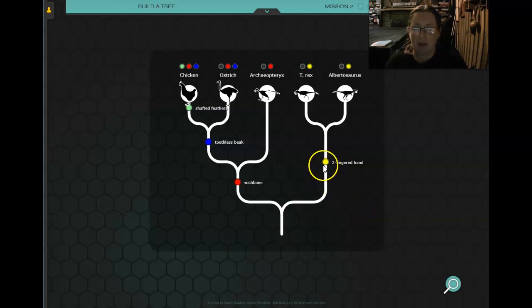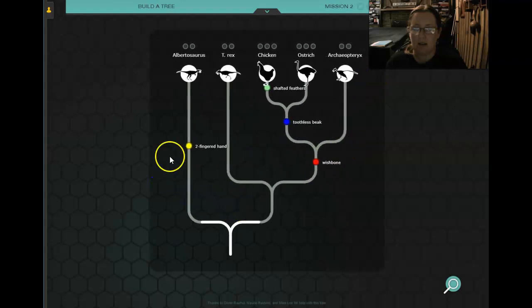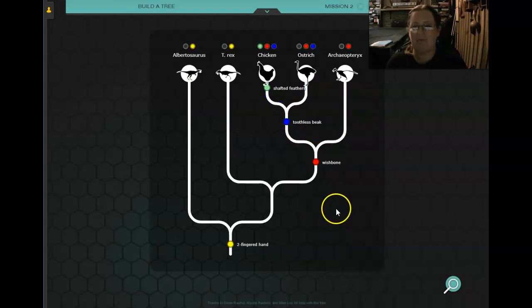Okay, so I think what we actually are missing is thinking all of them might have two-fingered hand. Let's take a look. Nope.